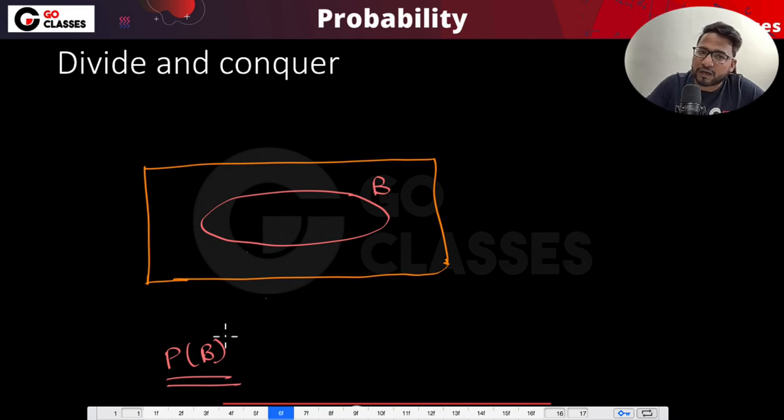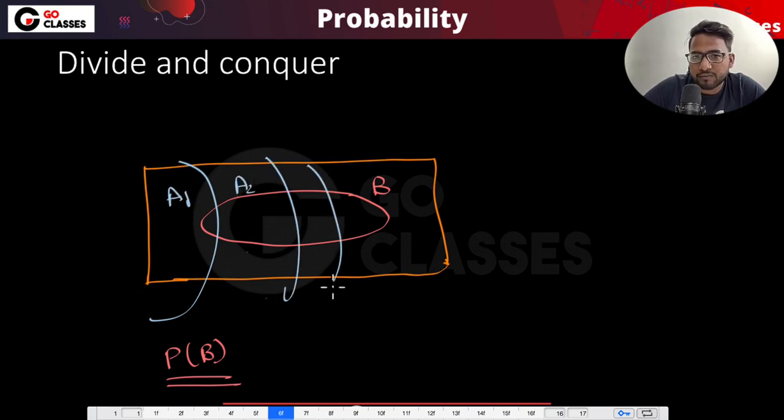Then you will say, instead of finding probability of B, can I divide this B into smaller parts, maybe disjoint ones? Let's suppose this event is A1, this event is A2, this is A3, this is A4, this is A5.